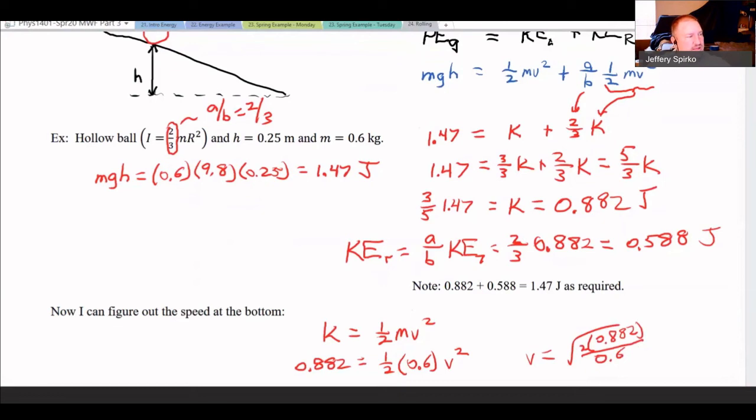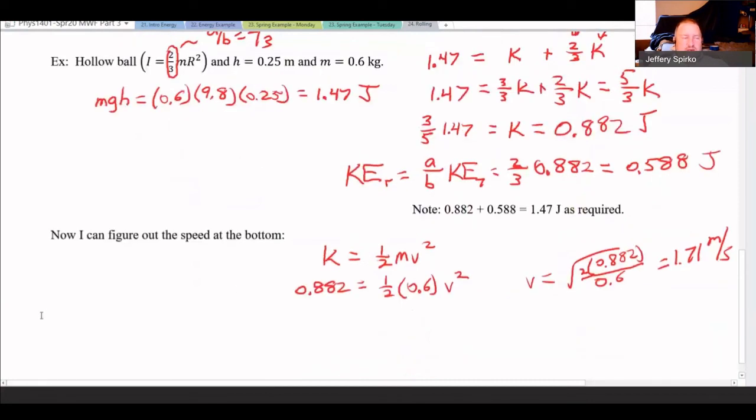So v is the square root of 2 times the regular kinetic energy over the mass, which is 1.71 meters per second. So that is the basic idea of the rolling energy analysis.